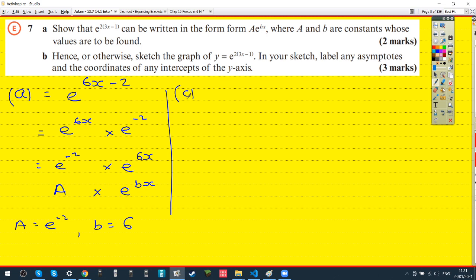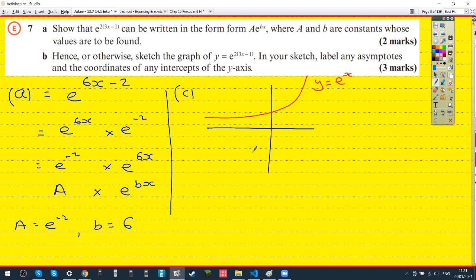And so, hence or otherwise, sketch the graph. How would you sketch the graph? Okay. So that's y equals e to the x. What would happen with y equals e to the 6x?